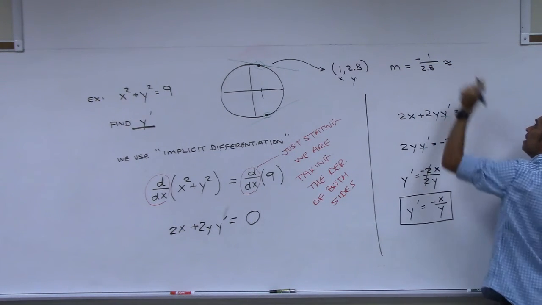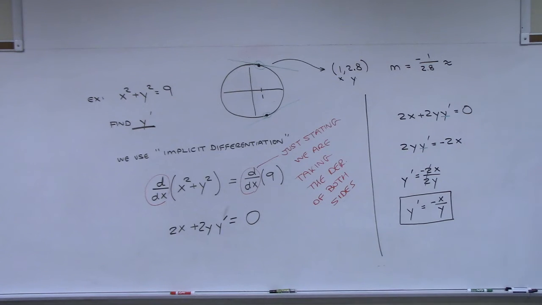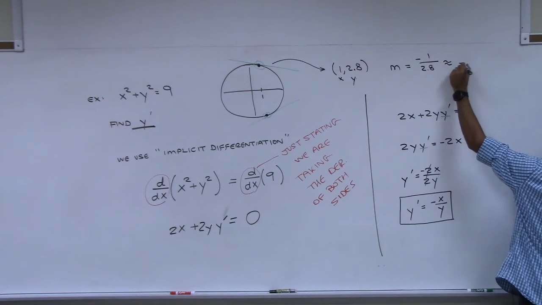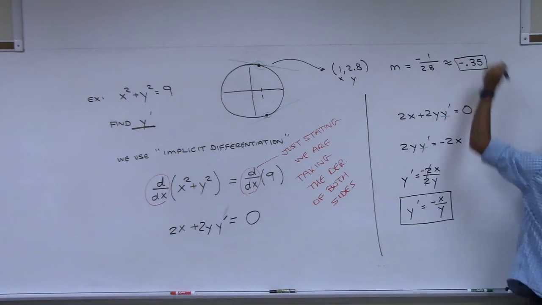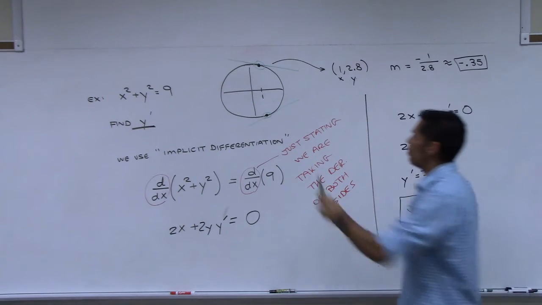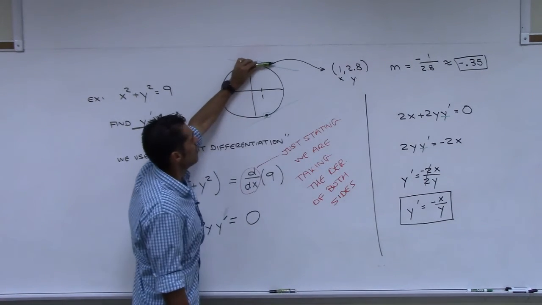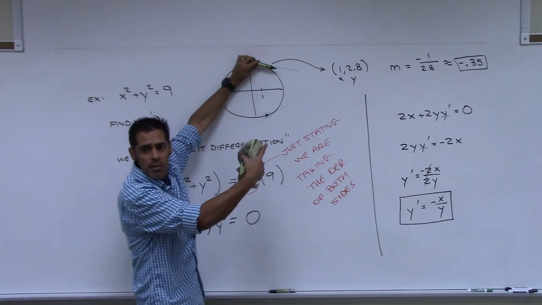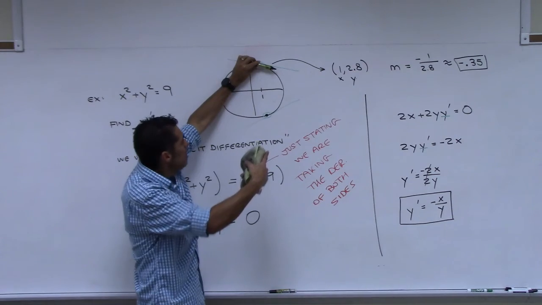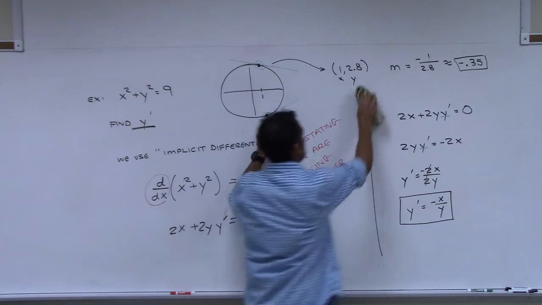It's approximately 0.3 something. Negative 0.35? Negative 0.35. So do we agree at this point right here that it looks like we have just a slight little negative slope? And our answer confirms that, doesn't it? Now, what would the slope of the tangent line here be?